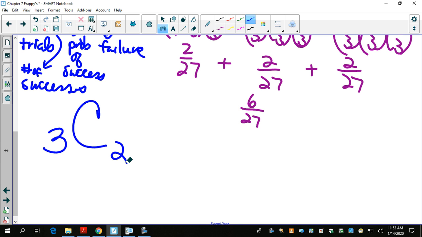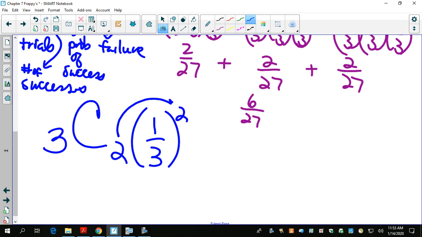Because that's how many successes I want. Now, the probability of getting an even is 1/3, and I want 2 of them, so 2 evens. This number and this number should always match. Now, the probability of failure is always the complement of success, so this would be 2/3.